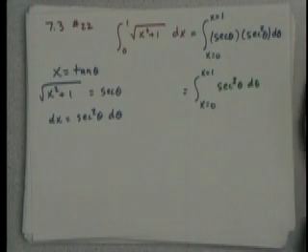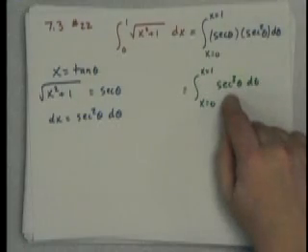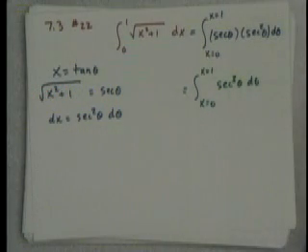If we had secant with tangent to an odd power, we were supposed to pull out secant tangent. But this one isn't either of those two situations. So how are we going to integrate secant cubed theta?